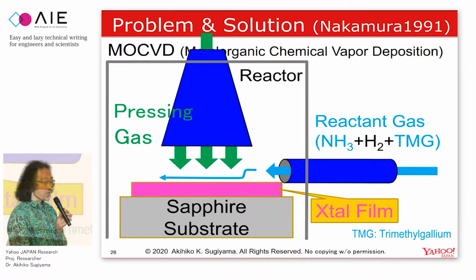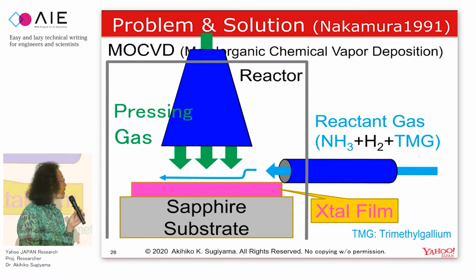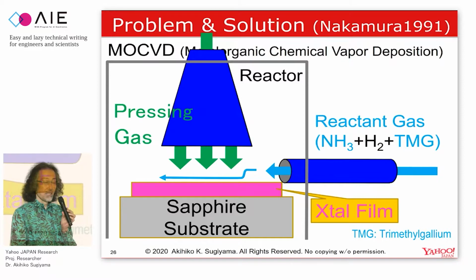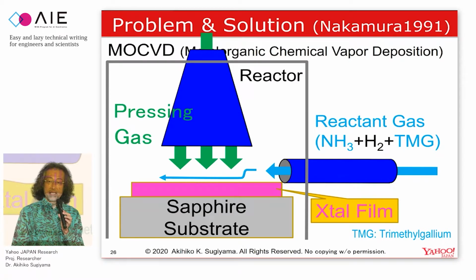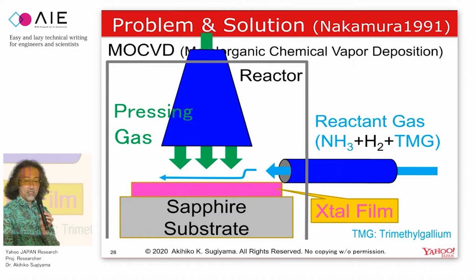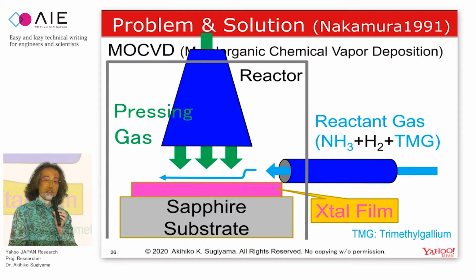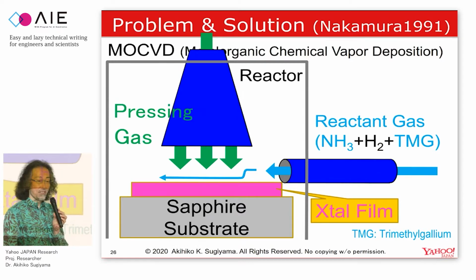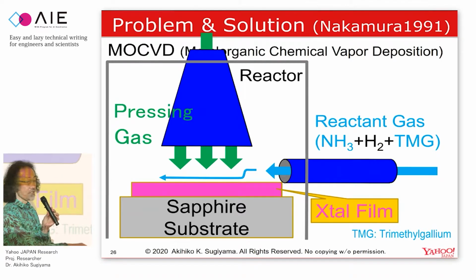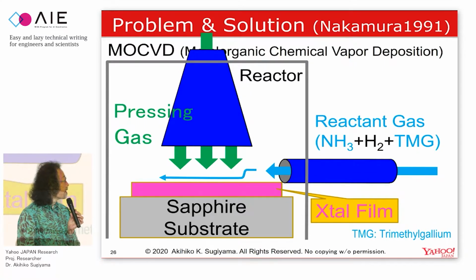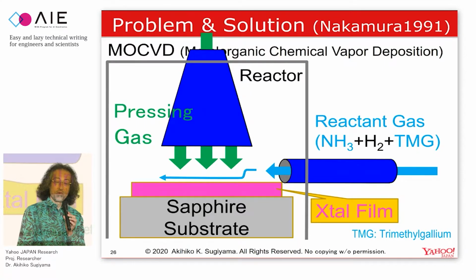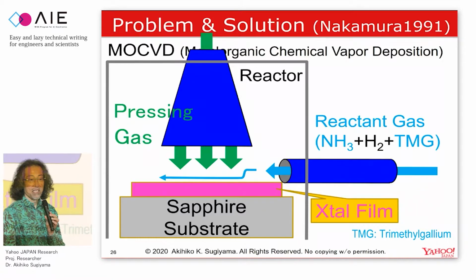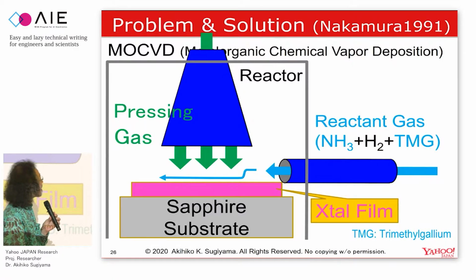There is a funnel-shaped tube so that it will press the reactant gas more efficiently. By the way, this pressing gas is neutral so that it will not do anything from a viewpoint of chemical reaction. It simply presses down this reactant gas. So this is what Professor Nakamura received his Nobel Prize for.